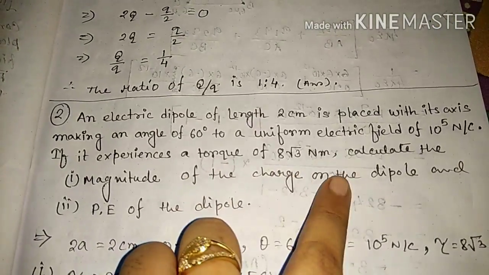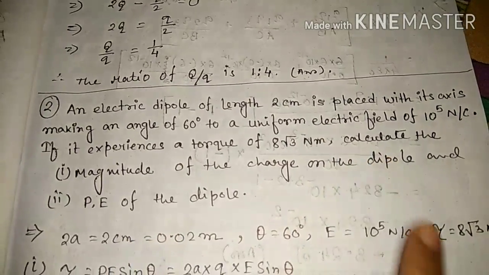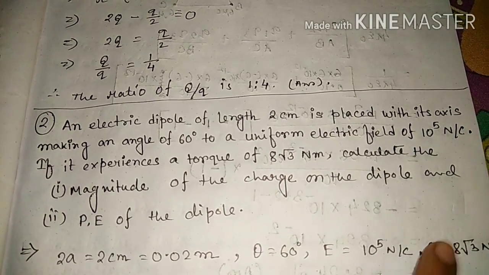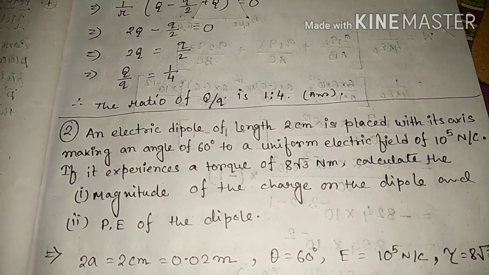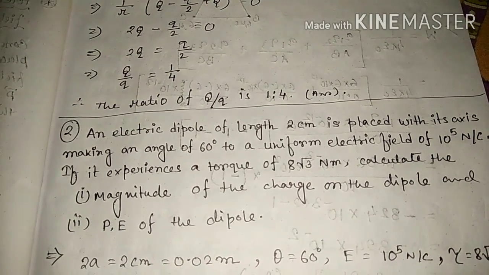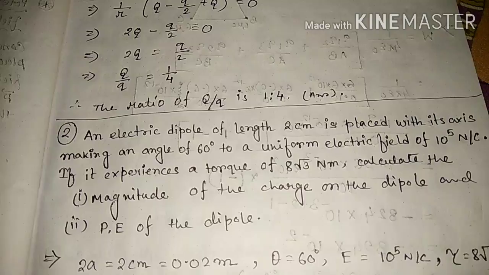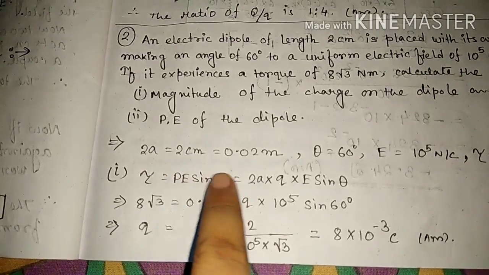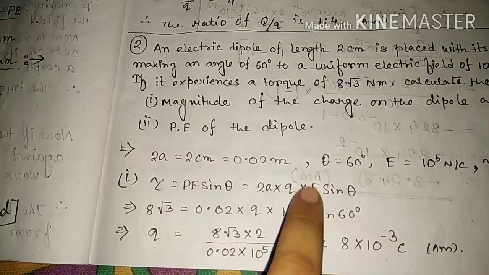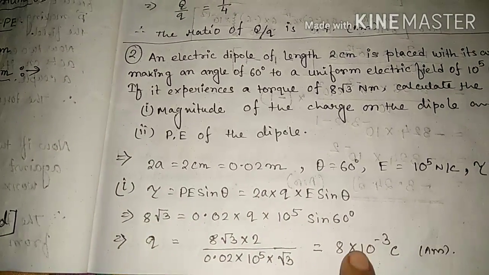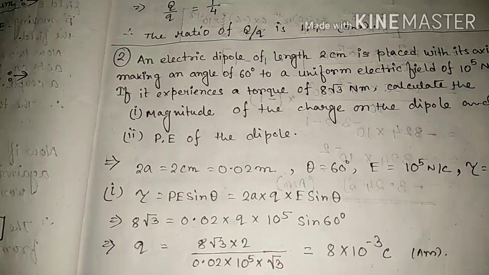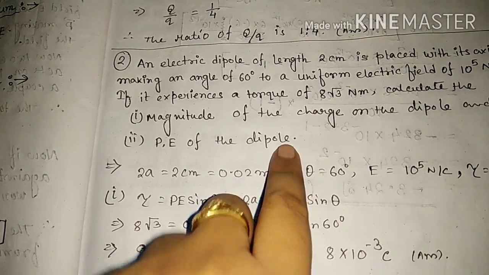For the magnitude of the charge, we use the expression of torque, where P is the dipole moment, so in place of P we write Q into 2a. Tau equals P E sin theta, P means 2a into Q, so tau equals Q 2a E sin theta. Putting in the values, Q equals 8 into 10 to the power minus 3 coulomb.